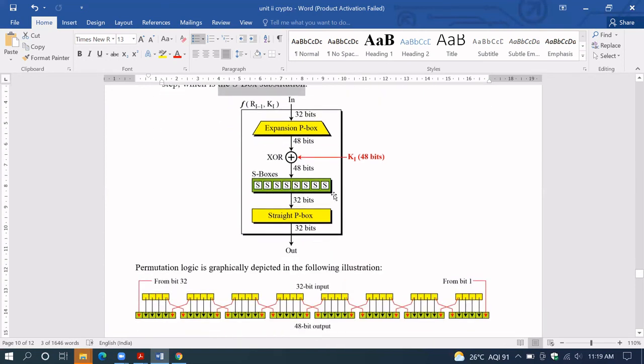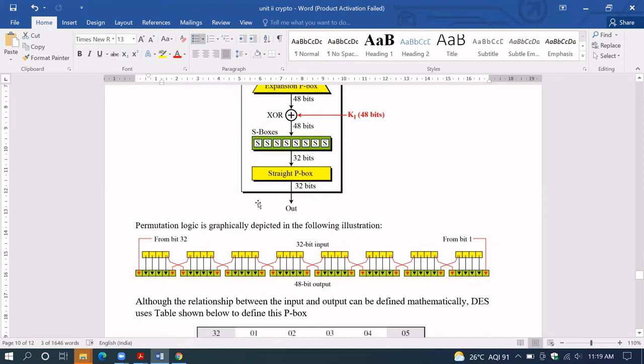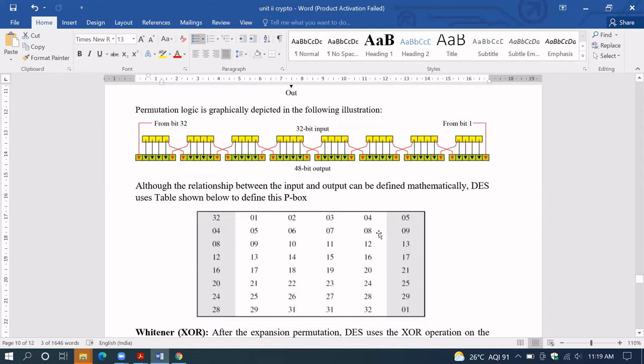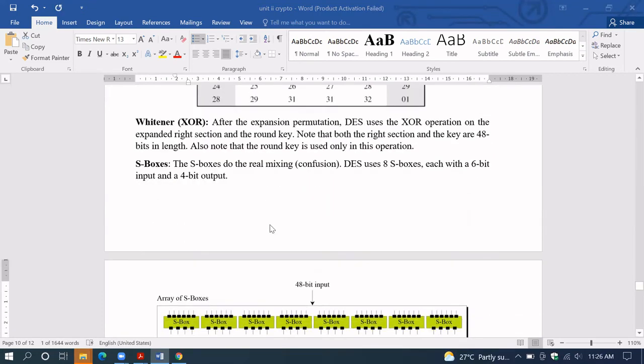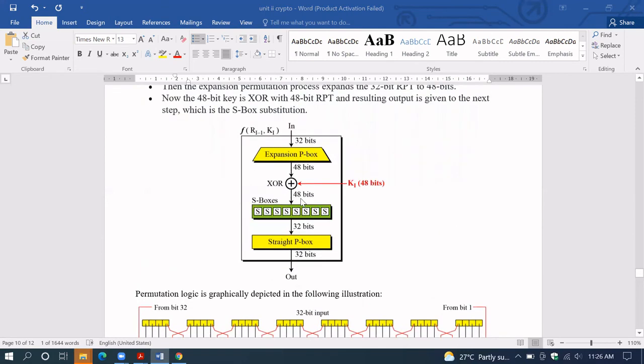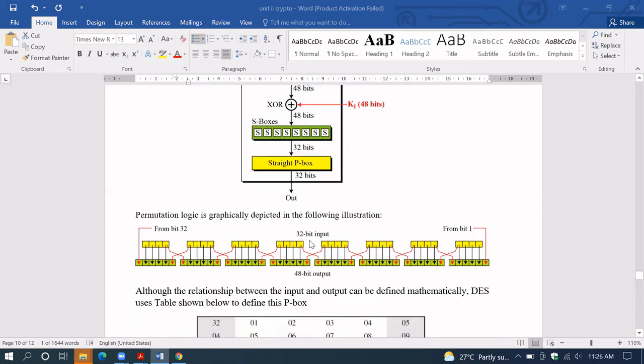So if you see the substitution here, it is divided into S boxes. So we obtained a 48 bit value. After performing the XOR, we are passing it to all the S boxes. So what can we say?